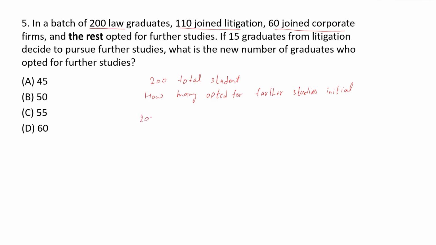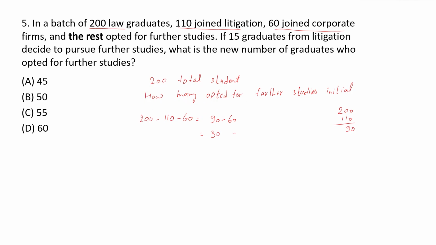So, 200 minus litigation who joined, minus 60 those joined. So, let me subtract. 200 minus 110, if you subtract, you will get 90. Then 90 minus 60, if you do, you will get 30.